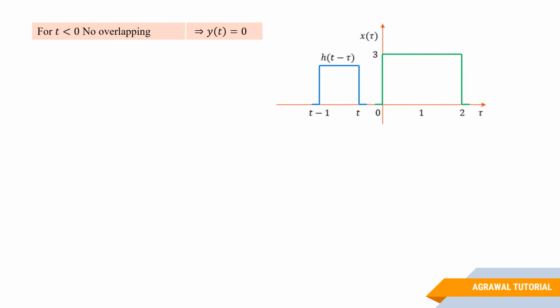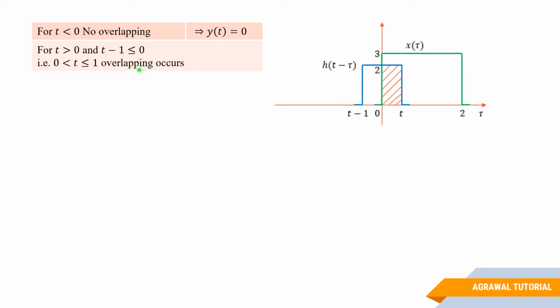Next region is when t is greater than 0 and less than or equal to 1. Here, in this region, overlapping is occurring. So, the resultant area of overlapping can be found out by integrating the overlapping area from 0 to t, as the overlapping is occurring only from 0 to t.